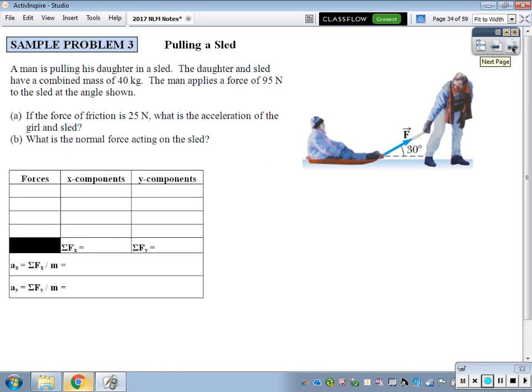Good, a free body diagram that you guys have done before. Go ahead, out to the side somewhere, go ahead and draw our free body diagram, please.